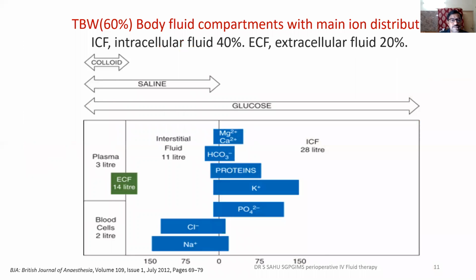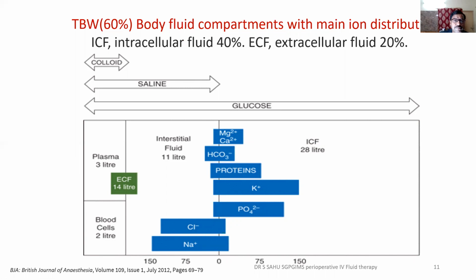We know the compartment model of the body: 60% of body weight is total body water, and there are two compartments, intracellular and extracellular. Intracellular mainly has potassium and proteins inside, more magnesium and calcium, and extracellular is further divided into interstitial and plasma.